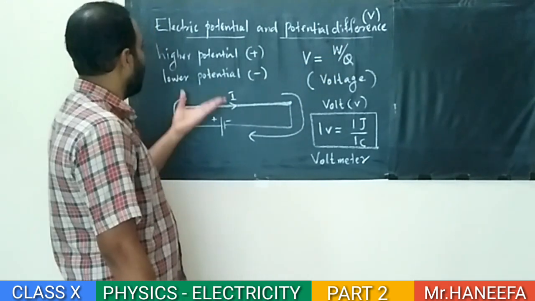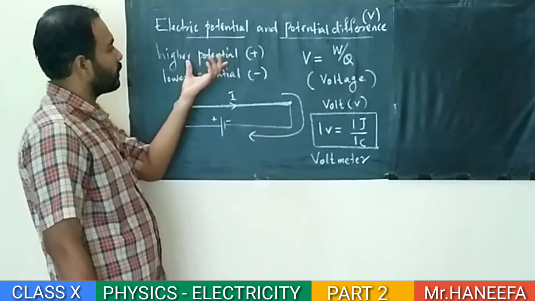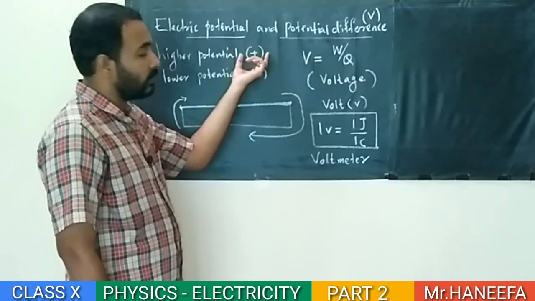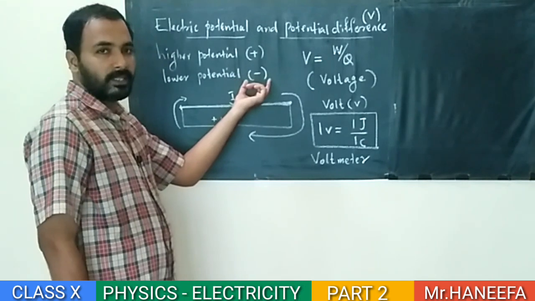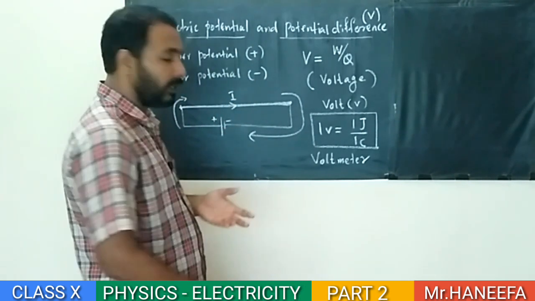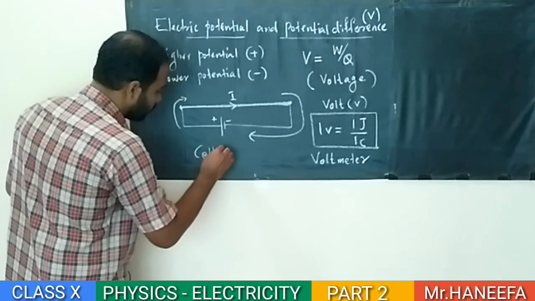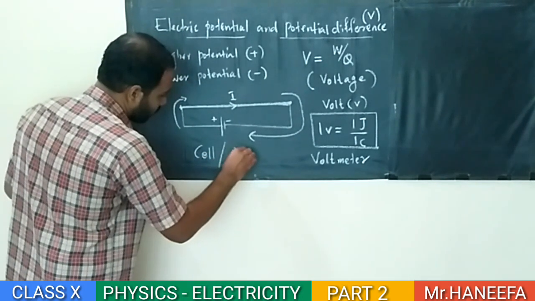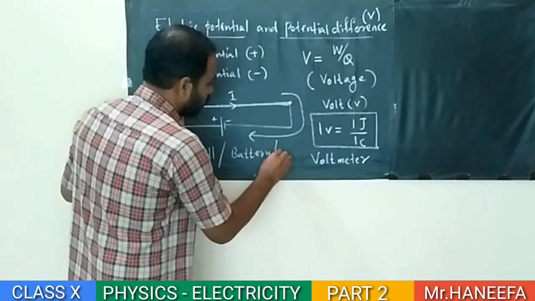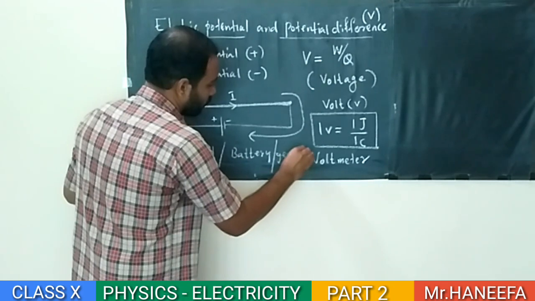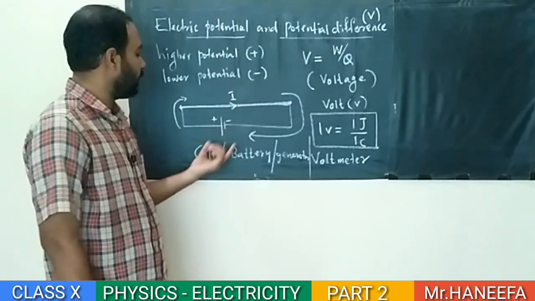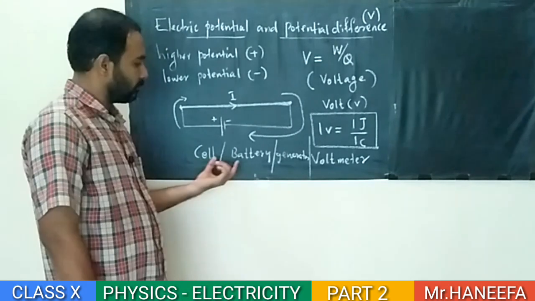Okay, so electric current flows from higher potential to lower potential. Higher potential means positive, lower potential means negative. This potential difference is provided by a cell or battery or current from a generator.